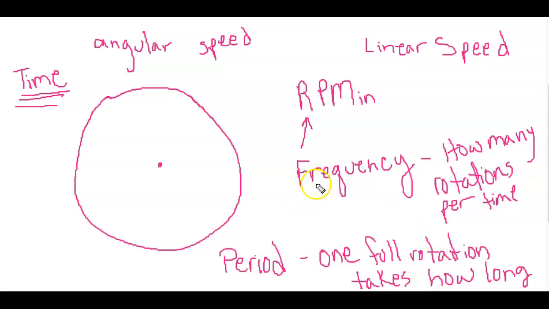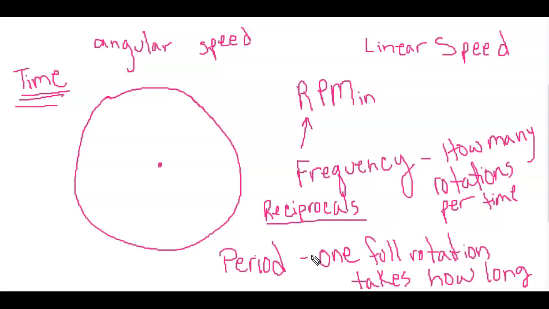What's interesting to point out about frequency and period is that they are reciprocals of each other. So the period is how many seconds per cycle, or how many minutes per cycle.